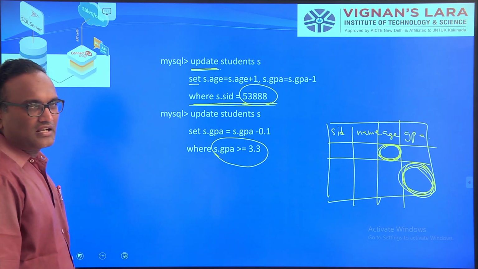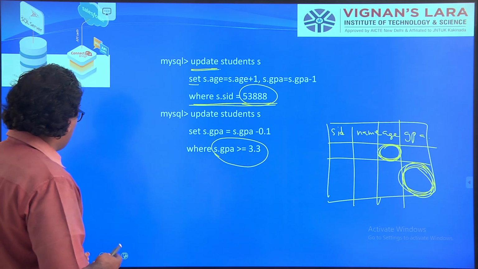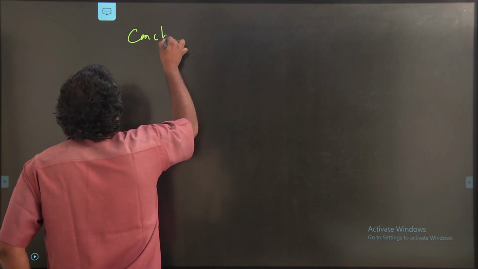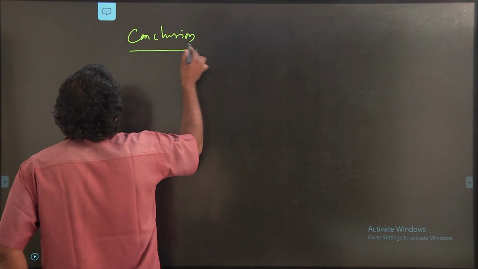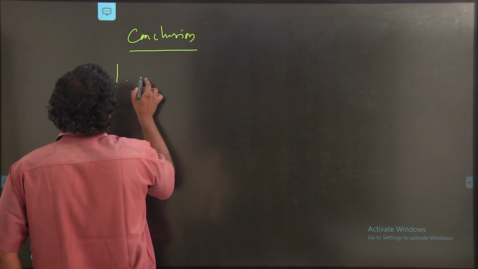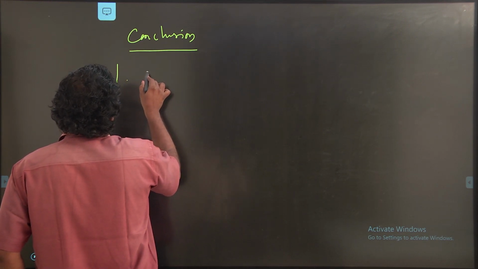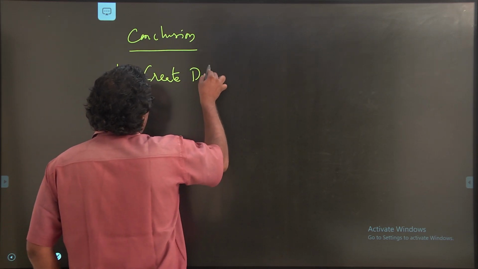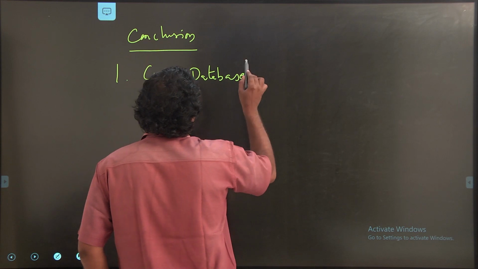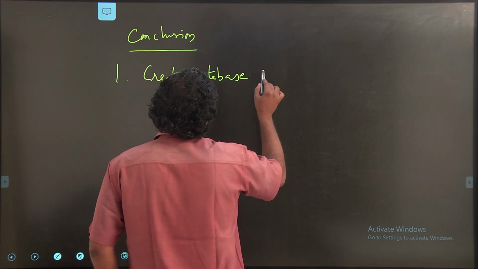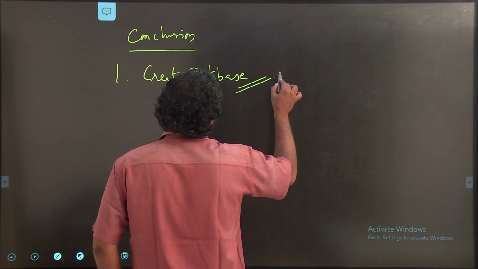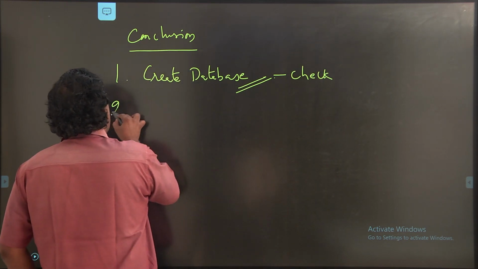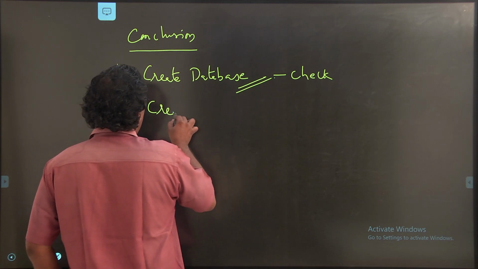So I'll stop here, and let us discuss what we covered today. Today I mainly concentrated on how to create a database, how to check whether a database is there or not, and we have seen how to create a table.